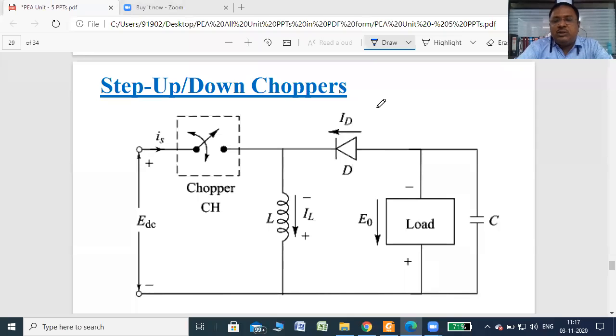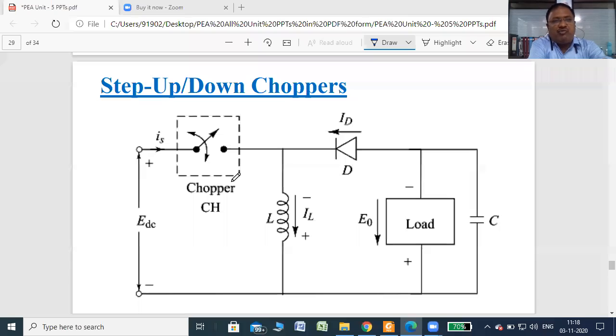Any difficulty, any doubt? You can unmute and ask. Anyone from the class, try to explain this step up down chopper if possible. I'm not expecting a perfect or correct answer, I just want your try. Try to explain how this circuit will work.